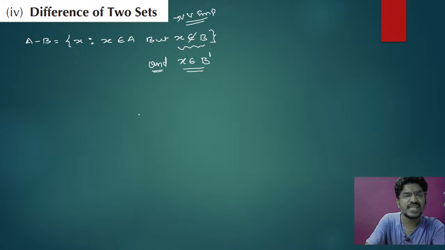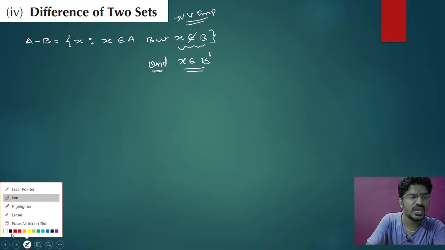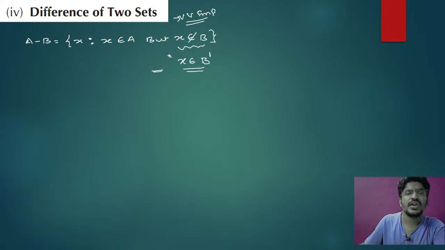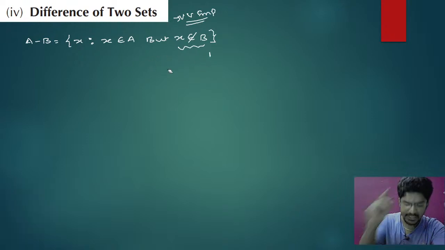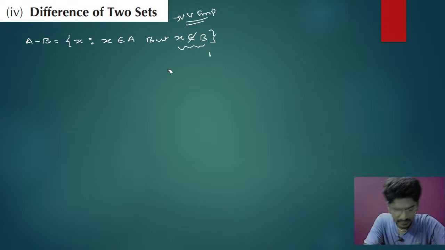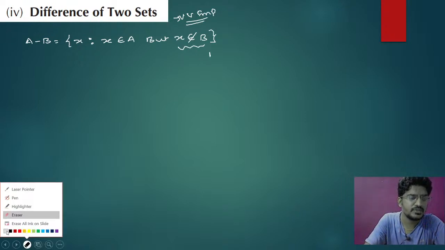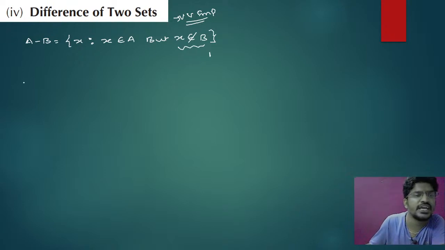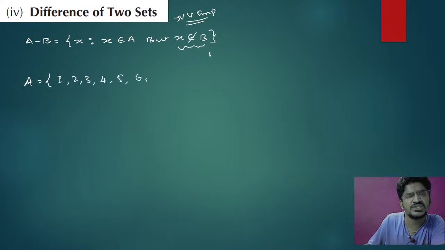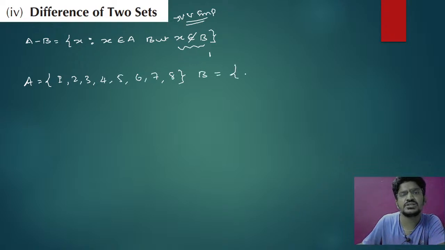Or you can also say it as x belongs to A but x does not belong to B. For example, we can take two sets, that is A equal to {1, 2, 3, 4, 5, 6, 7, 8}. You can take B as {6, 7, 8, 9, 10}.